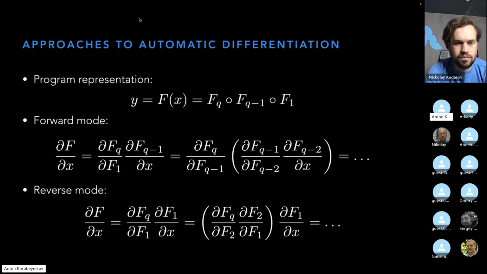While reverse mode automatic differentiation starts with partial derivatives at outputs and ends by computing partial derivatives at inputs. Mathematically, forward mode corresponds to the fully right association of the chain rule, and reverse mode corresponds to fully left association.